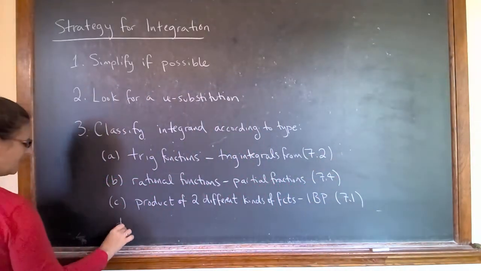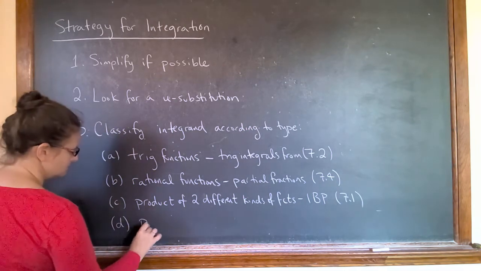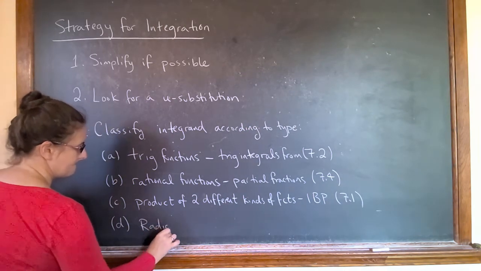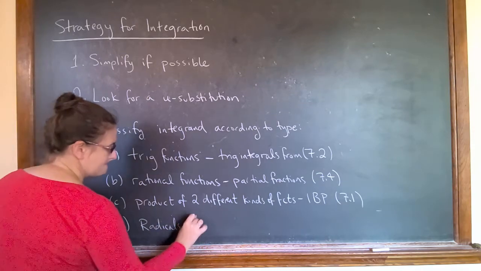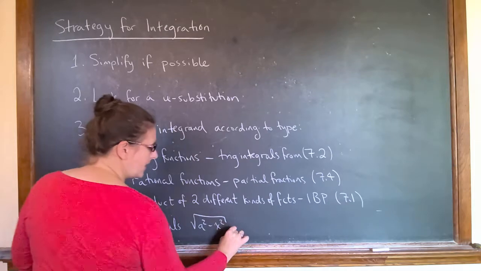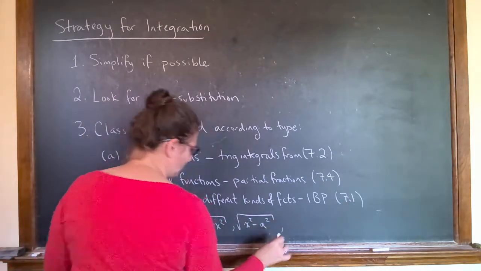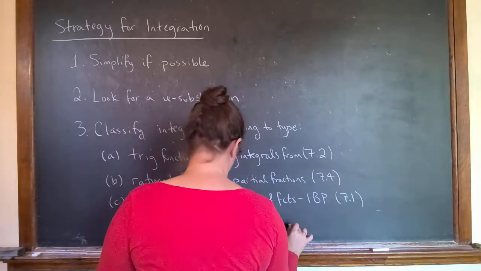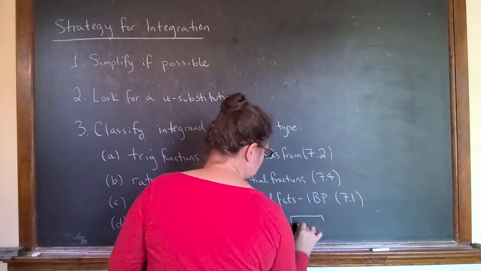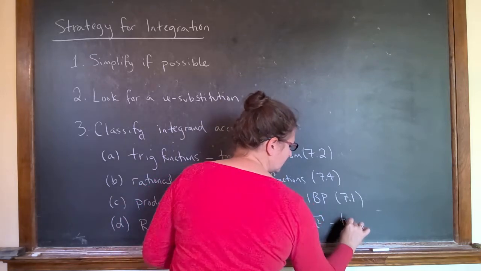And then, of course, if I have one of those square roots, so square root of a squared minus x squared, square root of x squared minus a squared, and square root of x squared plus a squared, those are my three possibilities. This is trig substitution.